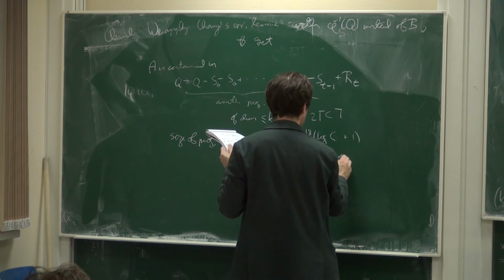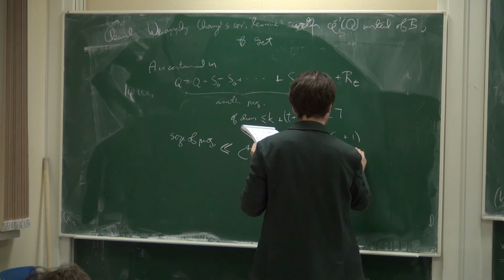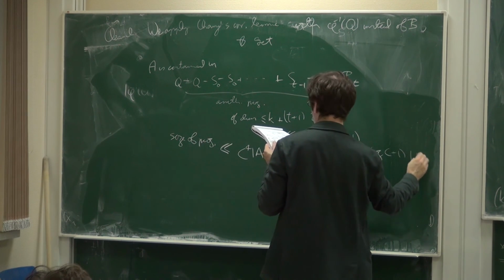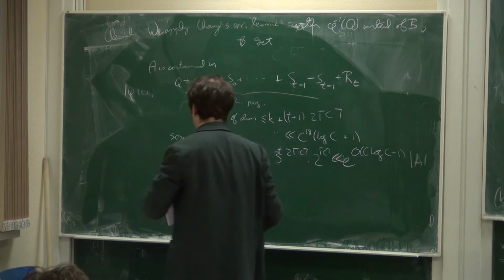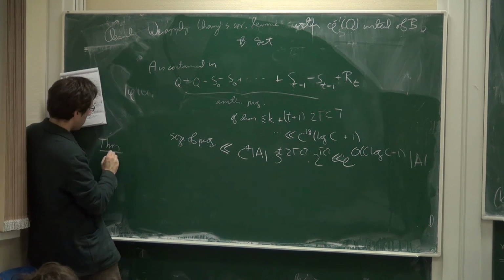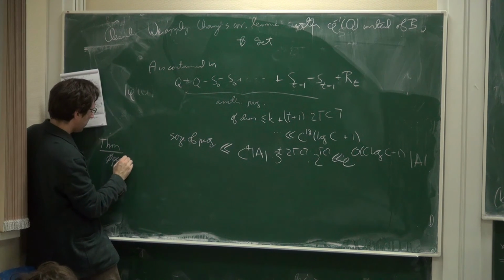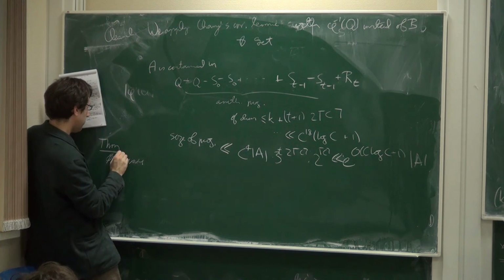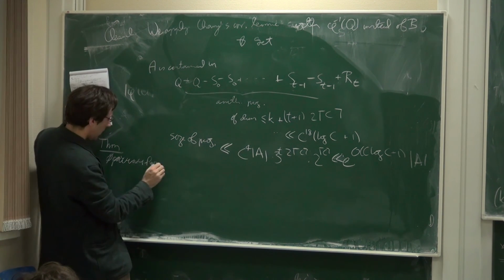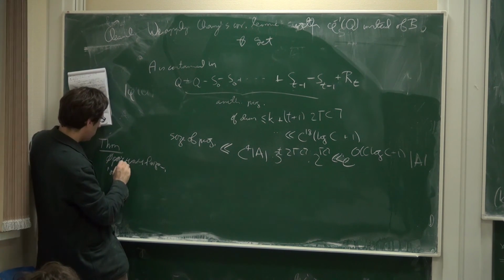And this at most e to the C log C plus 1 A. So we obtain finally, so Freiman-Ruzsa, old formulation.